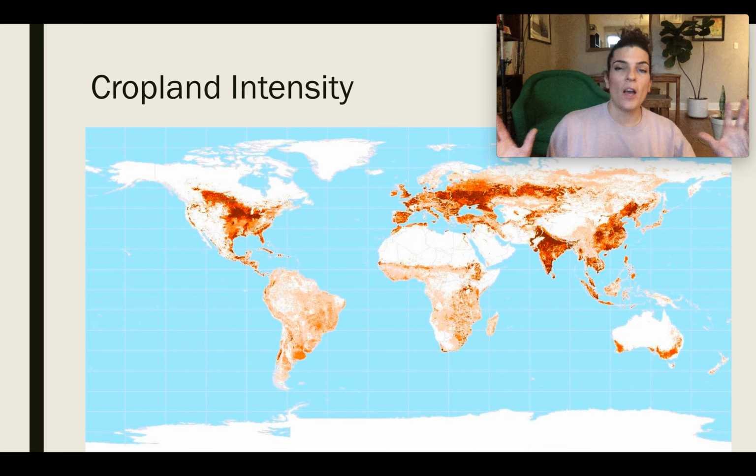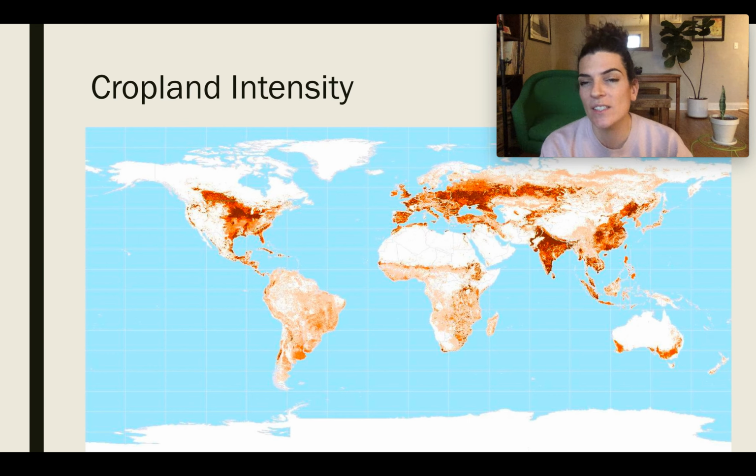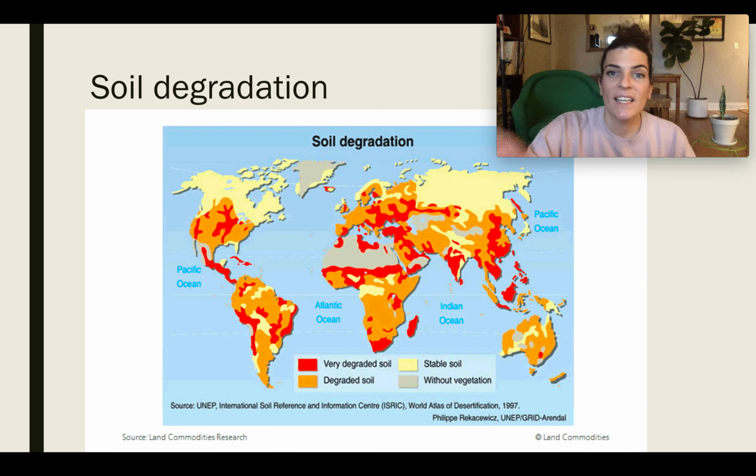So lots of land on the planet is taken up and used by farming, both through croplands, which we might consider as places where we grow things for our direct consumption, and also through pasture grazing, which is where we keep our domesticated livestock, pigs, cattle, chickens, etc. Okay, and often those pastures overlap with the regions where there is high cropland intensity.